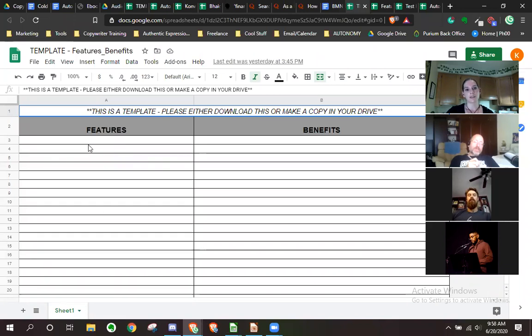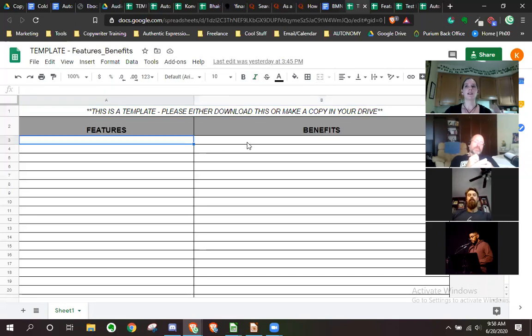List out absolutely every single feature you can possibly think of. First, just list them all out, then one at a time, go through and think about the benefit for each one. For each, ask: what's it going to do for them? Then list out the benefits. I've got some examples to show you of how this will look.